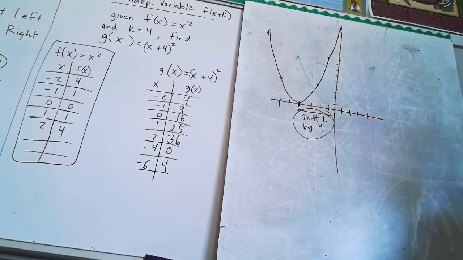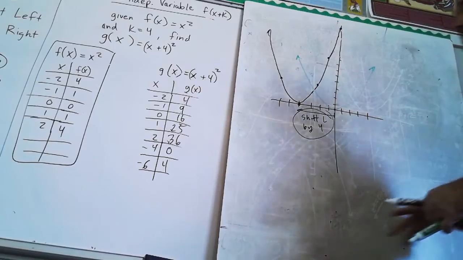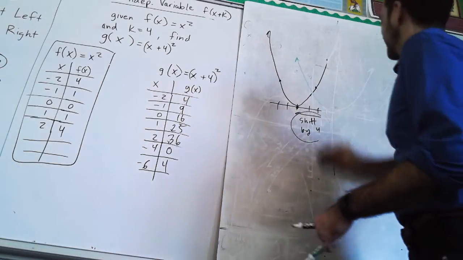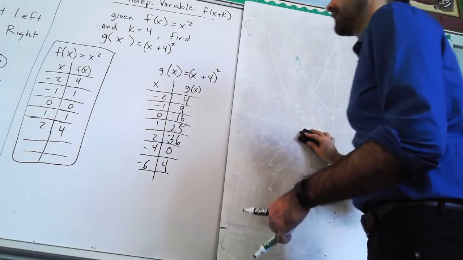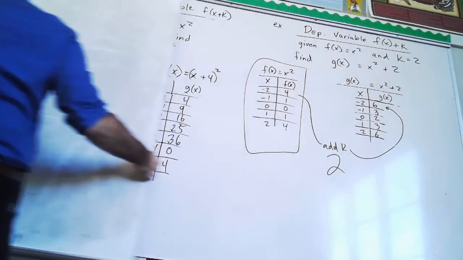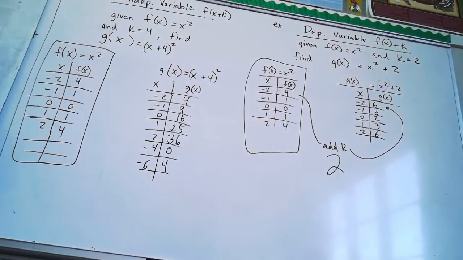Okay, bonus question. We are going to look and combine both of these. So watch. What if we have this h of x, this new one that combines x plus 4 squared plus 2.